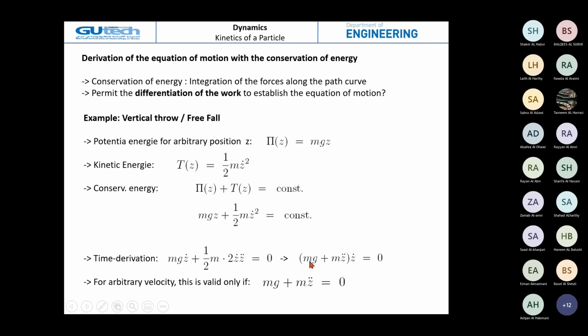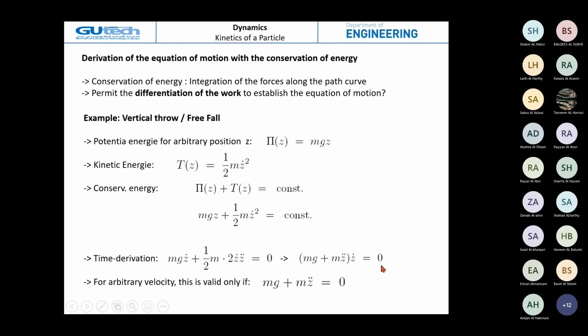Then we get mg plus m z double dot, times z dot, equal to 0. For arbitrary velocity, this is valid only if the first term, mg plus m z double dot, is equal to 0, as z dot cannot be equal to 0. That means we have two possibilities: either z dot is equal to 0 or the first term is equal to 0. The z dot cannot be equal to 0.